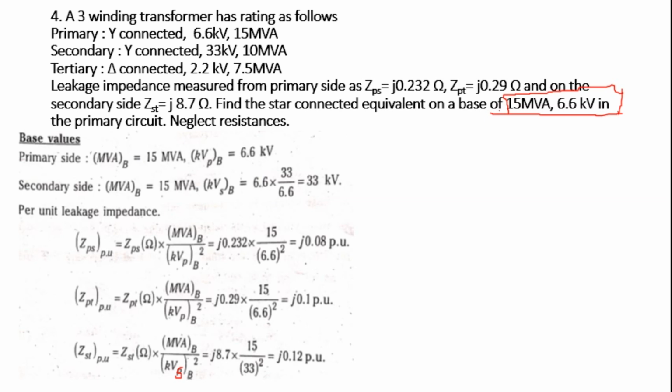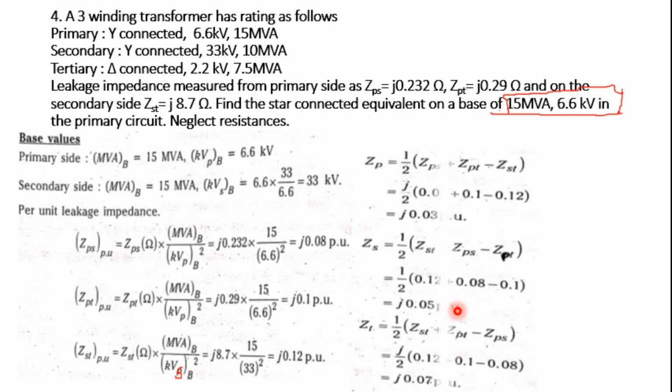So ZST in per unit is equal to ZST in ohm into MVA base divided by kVs base square. ZST is j8.7, MVA base is 15, and the secondary side voltage we got is 33 kV. So with 33 kV you will get j0.12 per unit.